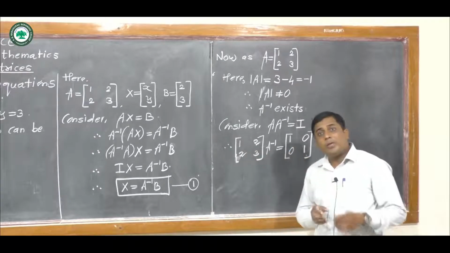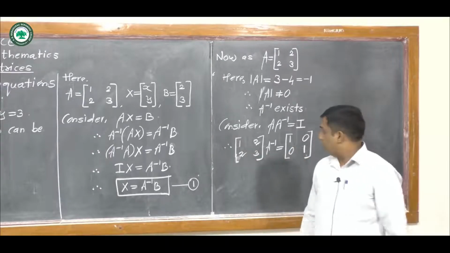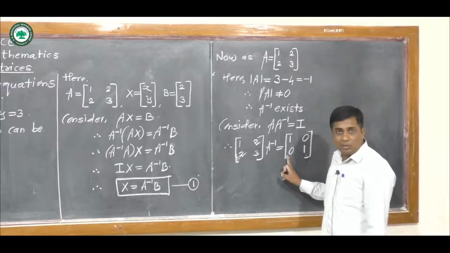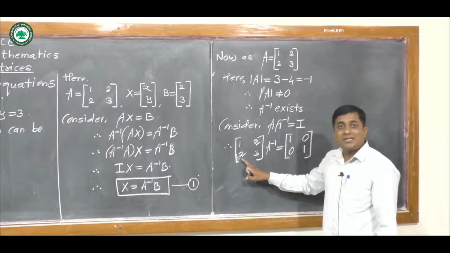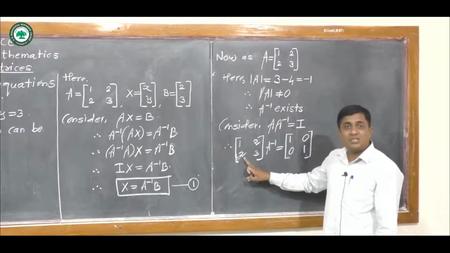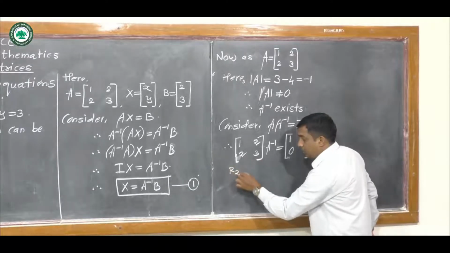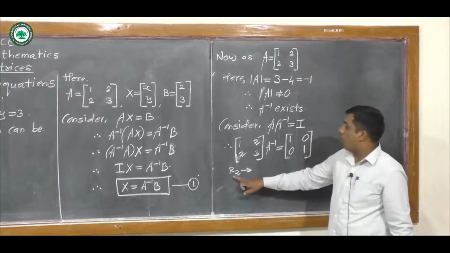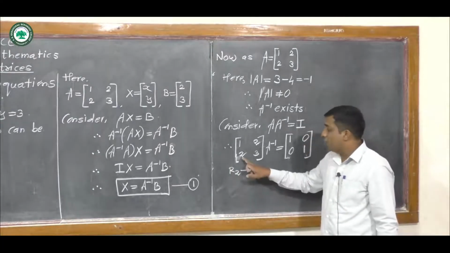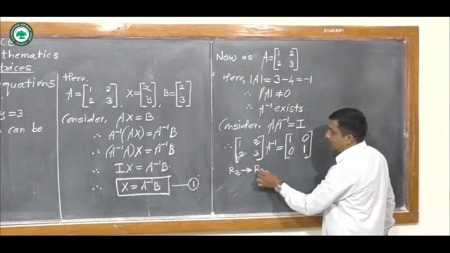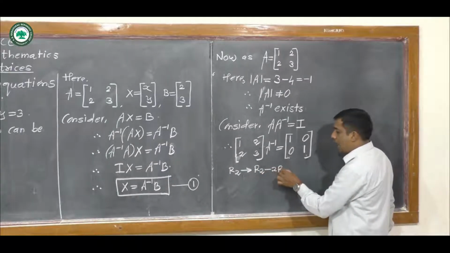So we go with our next step. We have to make this A2,1 as 0, that is this 2 as 0. To make this 0, we perform transformation on row second, since this 2 is in row second, and the transformation is R2 minus 2R1.